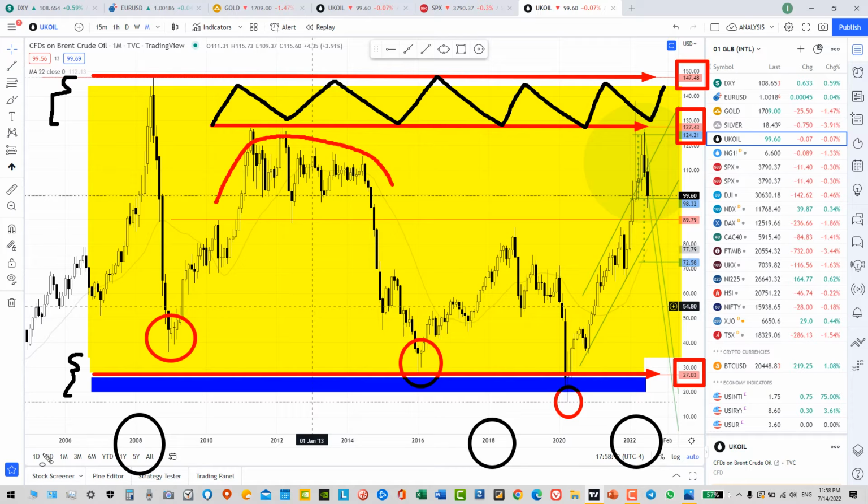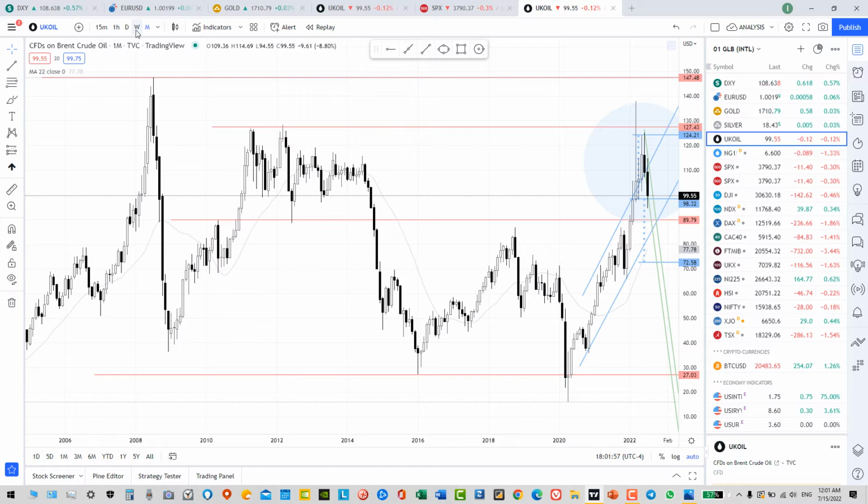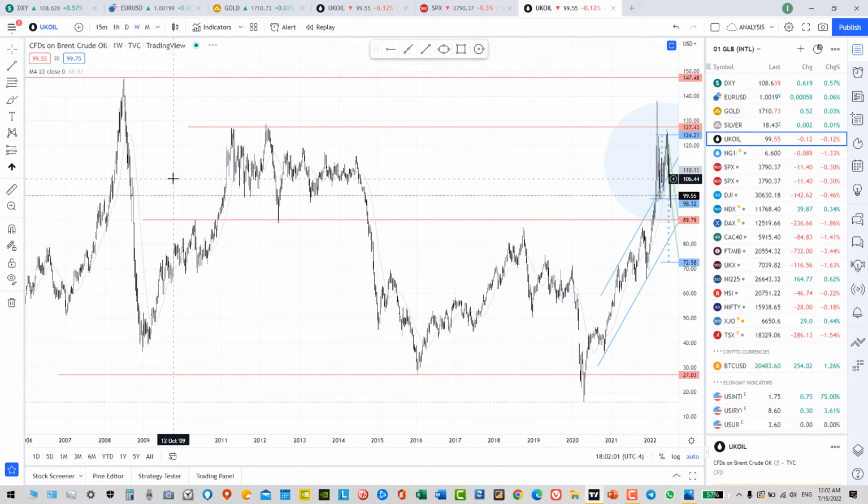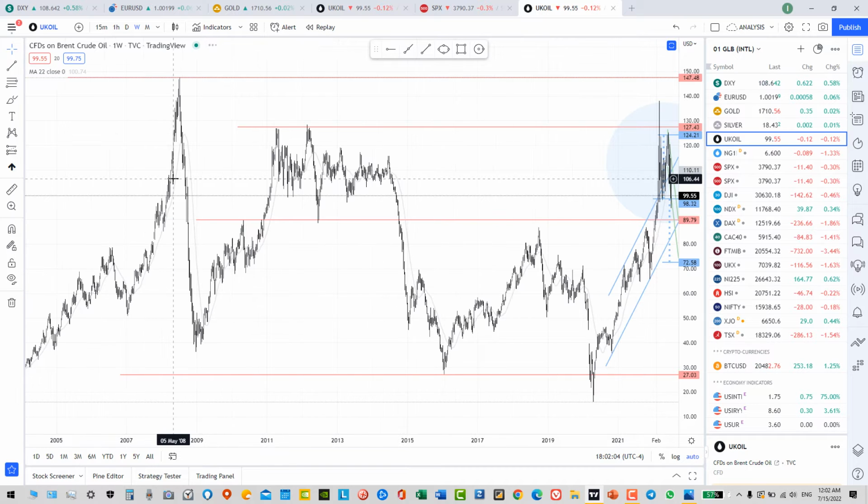This monthly trading range consists of long-term trends, and we will check this over the weekly chart.